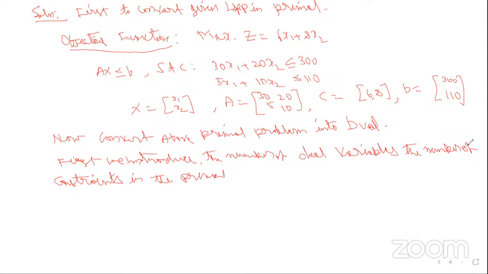So here the duals are W equal to W1, W2.